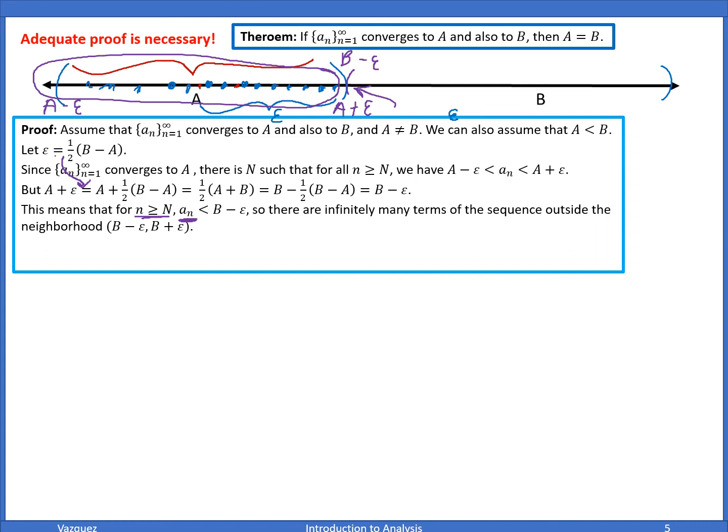So there are infinitely many terms of the sequence outside of this neighborhood over here, which I'm going to circle in red. There are an infinite number of points outside of this one. And that contradicts our lemma from the last slide. So therefore, the sequence can't converge to B.